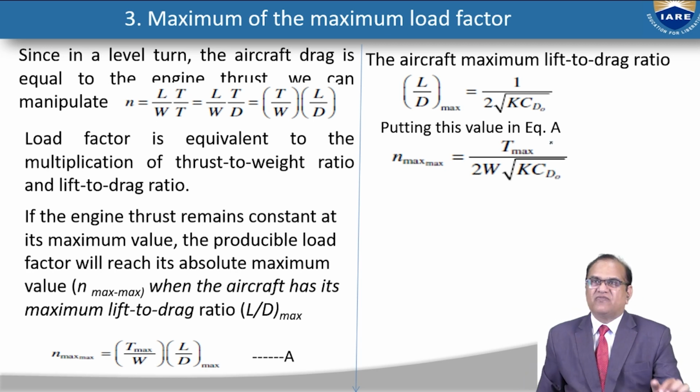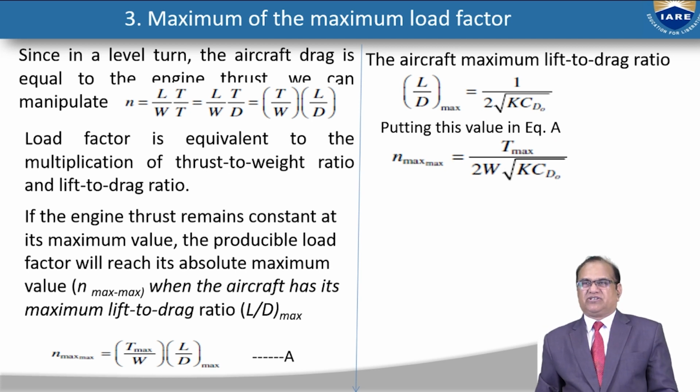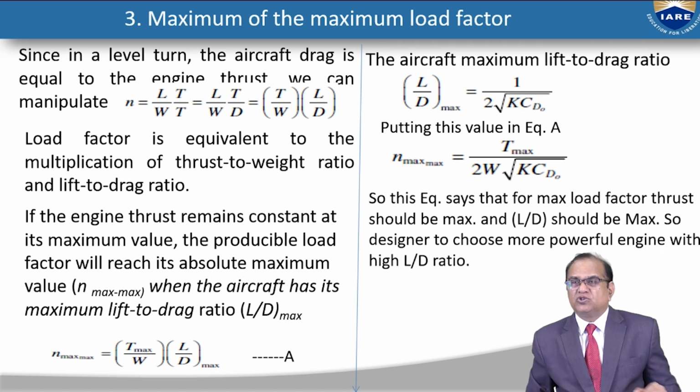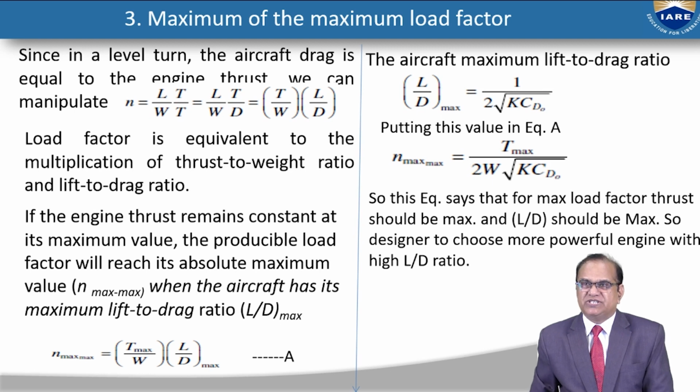So this is the equation for N max max, and it depends upon the CD naught and the maximum thrust of the engine. This equation says that for a maximum load factor, thrust should be maximum and L by D should be maximum. So designers choose a more powerful engine with a high L by D ratio.